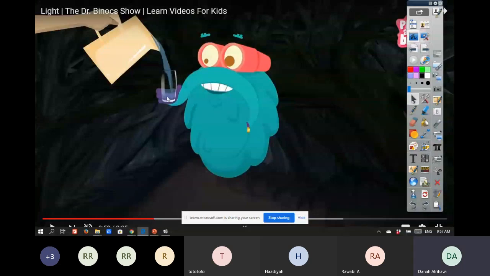Here I have a glass. The glass is a kind of material that you can see everything clearly through. Yes, even if you look from the window, you can see everything outside clearly. Why?